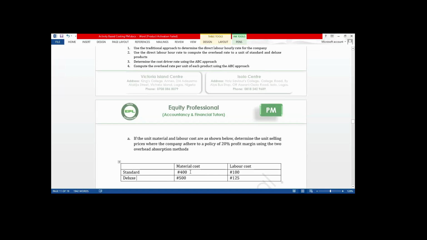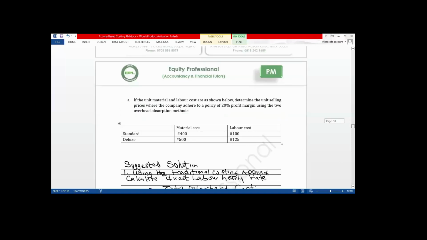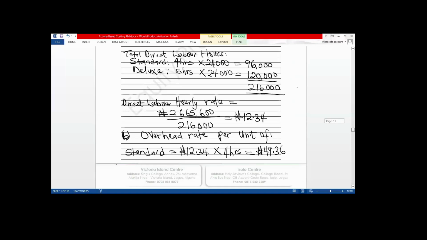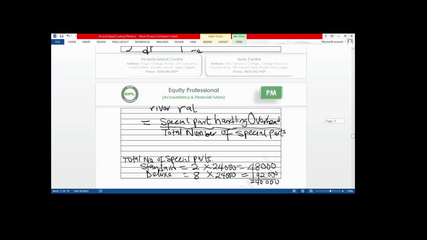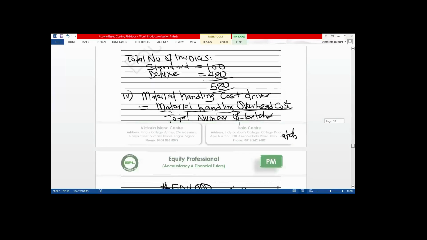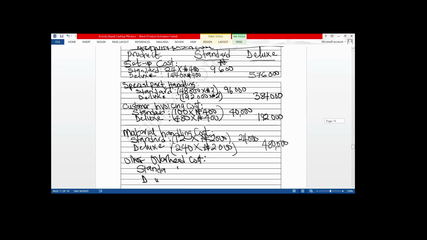Material cost 400 naira for standard, 500 naira for doulos. Labor cost 100 naira for standard, 125 for doulos. Let's treat this question together.